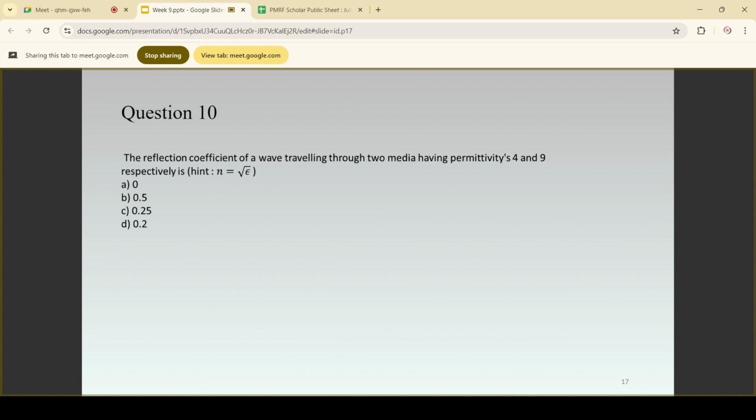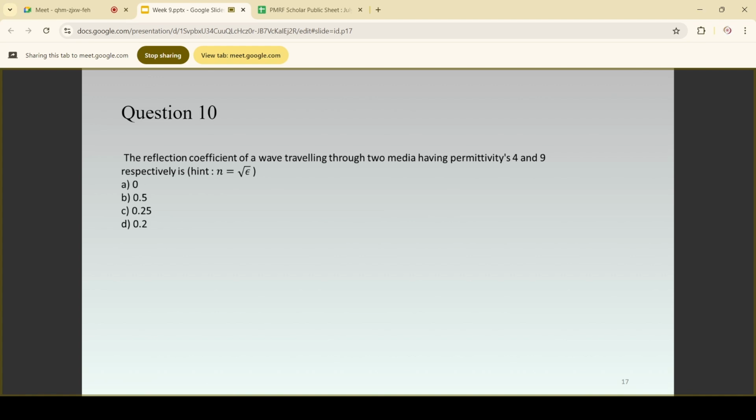That means the square root of 4 minus the square root of 9 upon the square root of 4 plus the square root of 9. You have to take the square here and here. And it's 2 minus 3 squared over 2 plus 3 squared. So you have 1 over 5 squared, and it's 25.